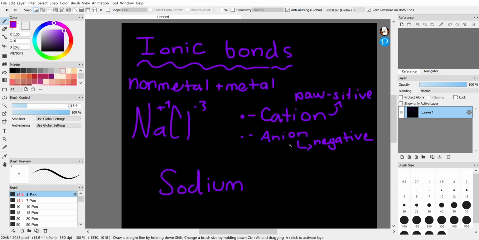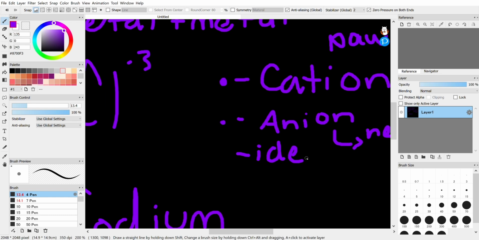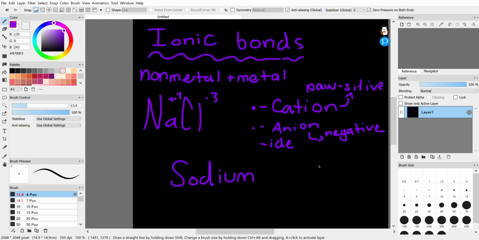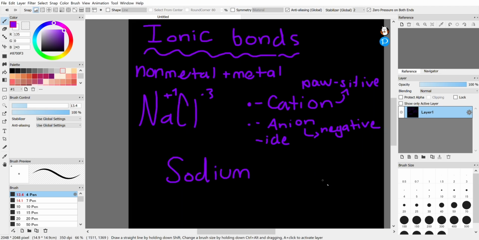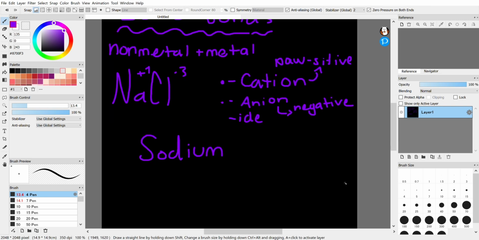But with this, we are going to put an IDE ending, unless it is a polyatomic. If it is a polyatomic, we don't need to add the IDE ending. But since chloride is not a polyatomic, for my buddy who's watching this, we have a packet that lists all the polyatomics, and we've been memorizing them, so you can look at that for reference.